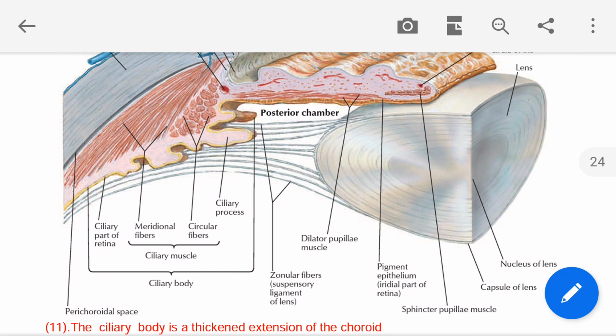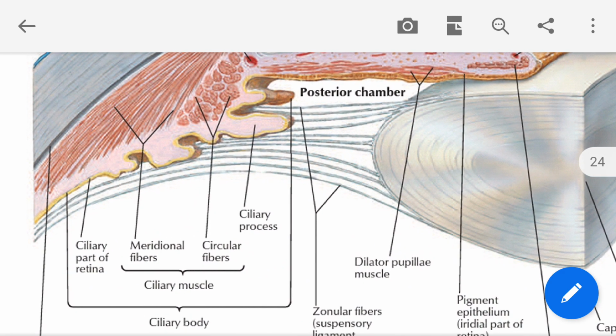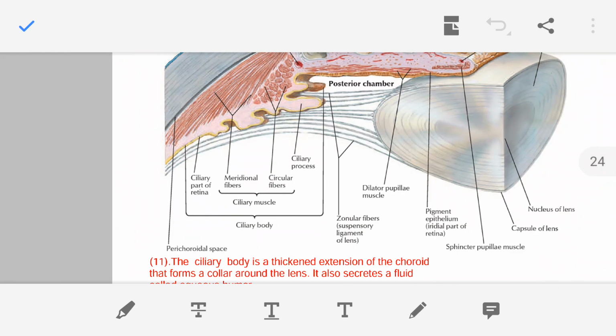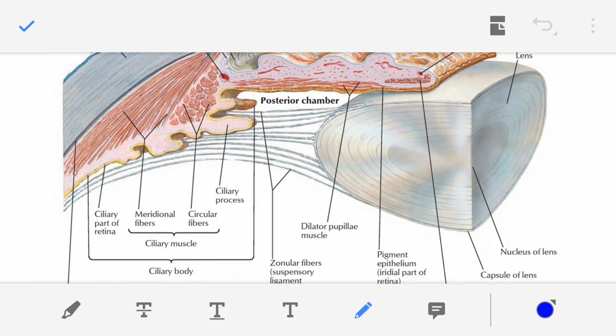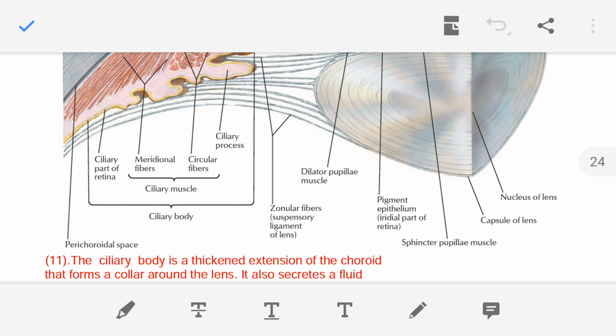Now the ciliary body. What role is the ciliary body playing in our eye? This is the ciliary body they are showing. Here the name is written, ciliary body.